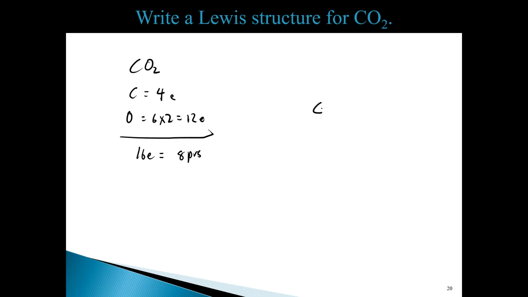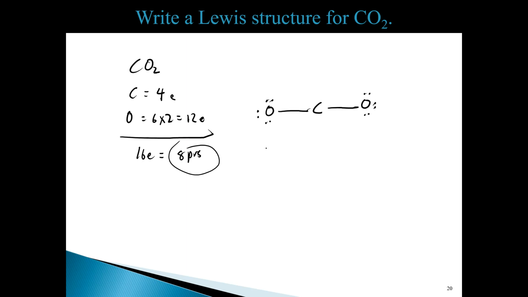Then I put the carbon in the middle, surround it with the oxygens, and then I would use 2 of the 8 pairs to form 2 bonds here and here. So that leaves 6 pairs. So the question is, where will those 6 pairs go? And the answer is that they will end up on the oxygens like this and this. All right?